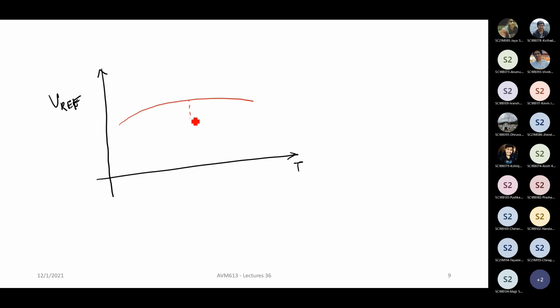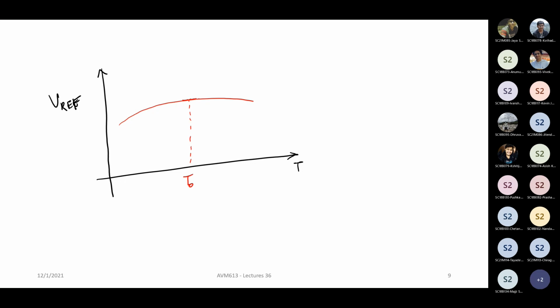Now you might have done this at some T naught. The temperature coefficient will be exactly 0 at one particular temperature. The slope will be 0 at one particular temperature, and in other places there will be a little bit of curvature.